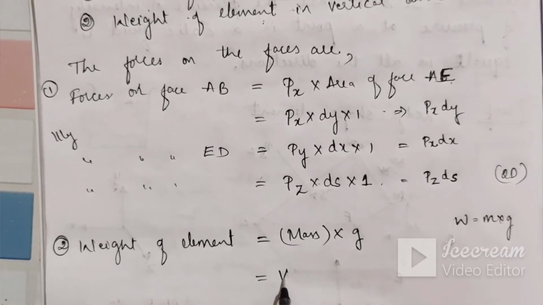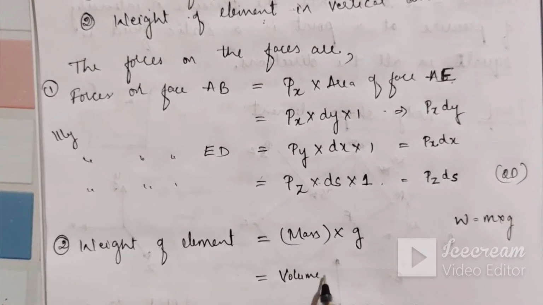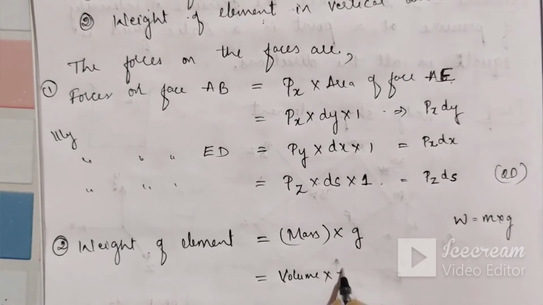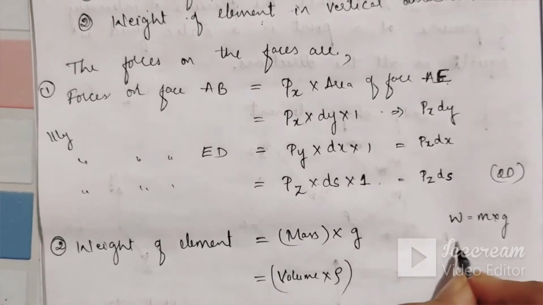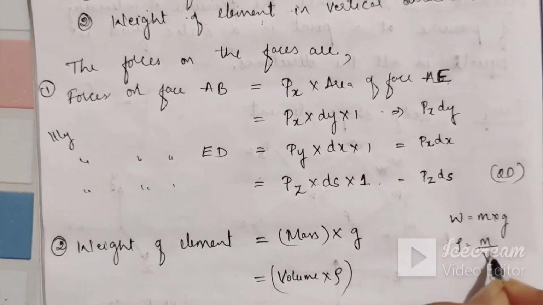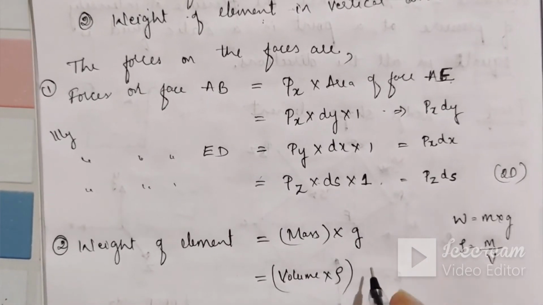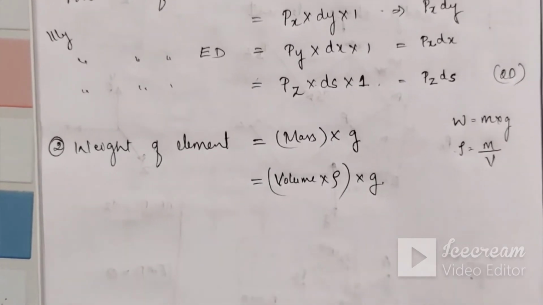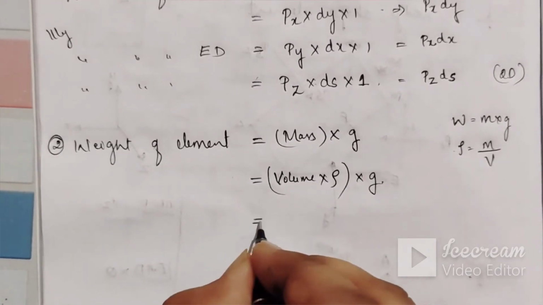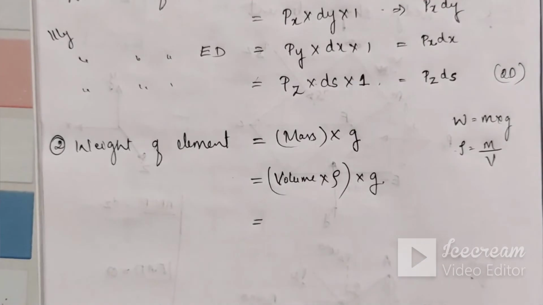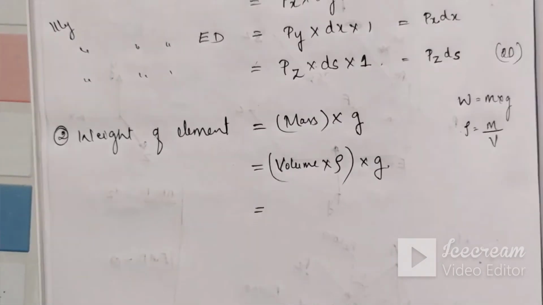We know density is mass by volume, so mass is volume into density. So the weight is volume into density into g.